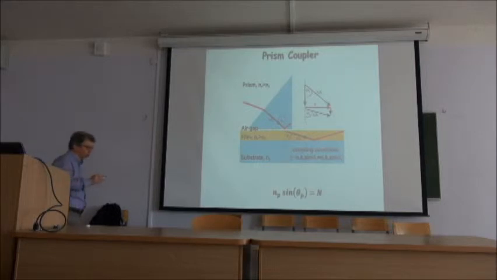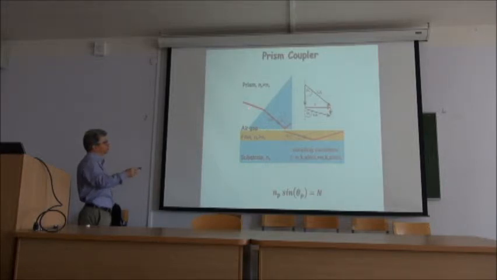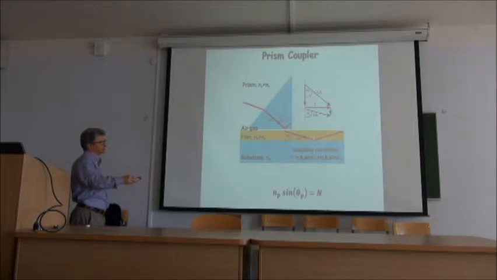And now going to the transverse couplers, we have one that is very well used, the prismatic coupler. If you want to excite light in a high index film, if any light is coming from a low refractive index, no matter what angle, you will never be able to excite.